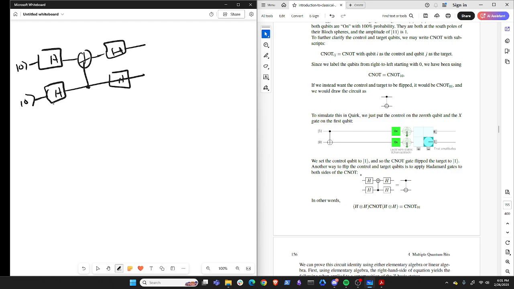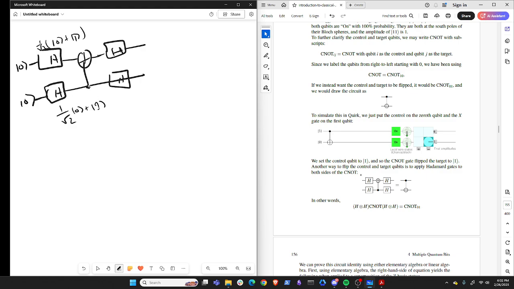It goes through, becomes an equal superposition. This also becomes an equal superposition of 1, 0 plus 1.